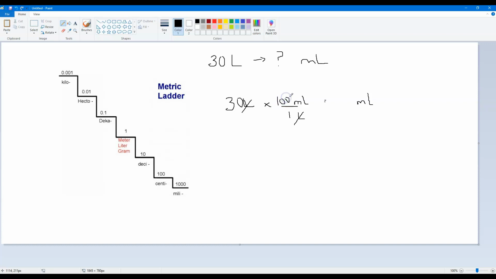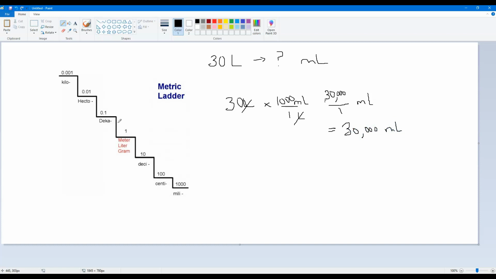Oh, it's so hard to write with a mouse. There we go. So we have 1,000 milliliters for 1 liter. And now we can just multiply across. 30 times 1,000 is going to give us 30,000, divided by 1, which of course is just going to give us 30,000 milliliters.